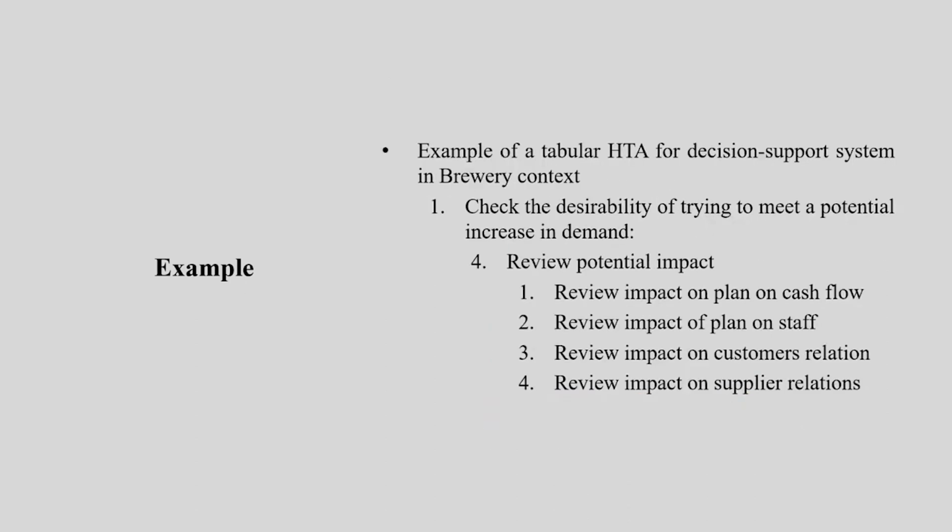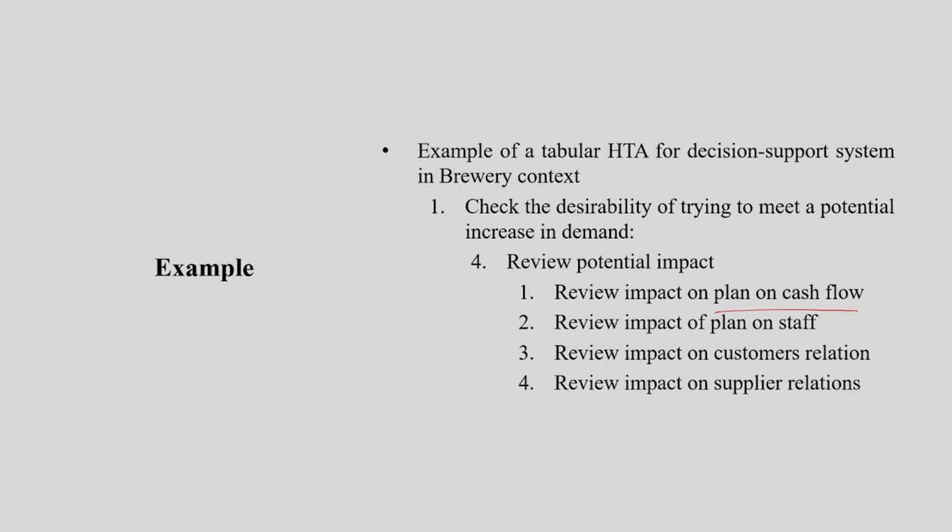Okay. Now, when everything is done, you have to understand what kind of potential impact they have, whatever we did, and we have to review those impacts. So, major 3 review: impact on the plan on cash flow, which is very important for this particular case.